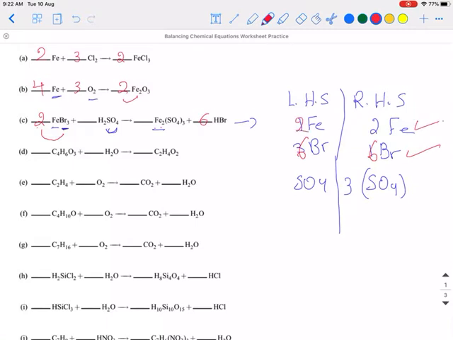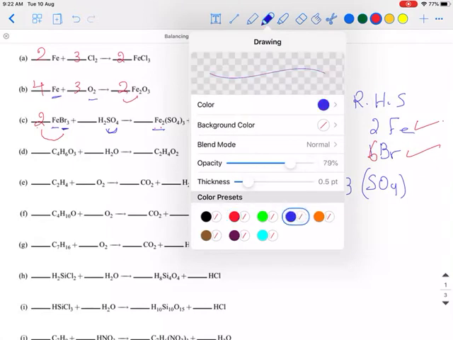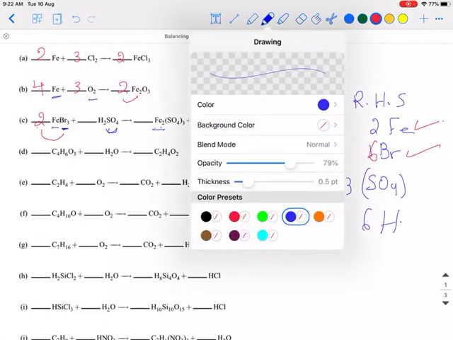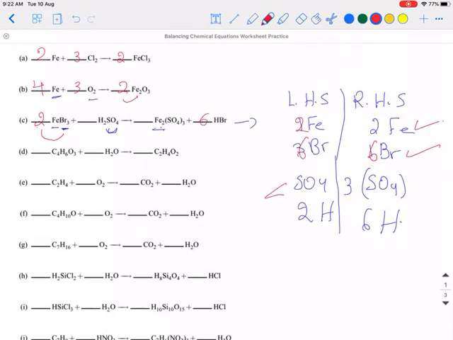Now this is fine. Let us see the sulfate and the hydrogen as well. Yes, I forgot to count the hydrogen. On the left hand side we have 2 hydrogen, and on the right hand side we now have 6 hydrogen. So let me multiply this by 3. So 3 sulfate.